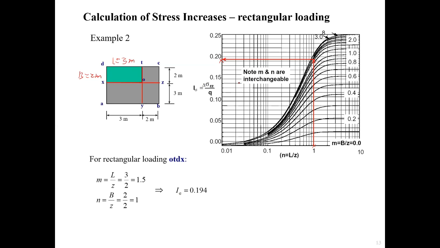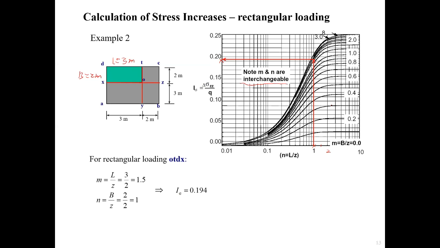Previously I mentioned that M and N are interchangeable. So this time I do it the reverse way to see whether I get the same influence coefficient. I make N equal to 1.5. Obviously this is 1 because it's a log scale, so that will be 2. So N equal to 1.5.